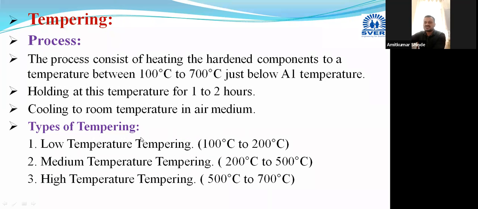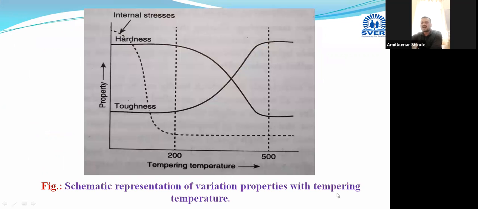In this way, these are the three types of tempering methods, depending on the transformations occurring or temperature zones: low temperature, medium temperature, and high temperature tempering. Now there is one graph I have added here that will indicate the effect on the properties of the steel depending on the tempering temperature.